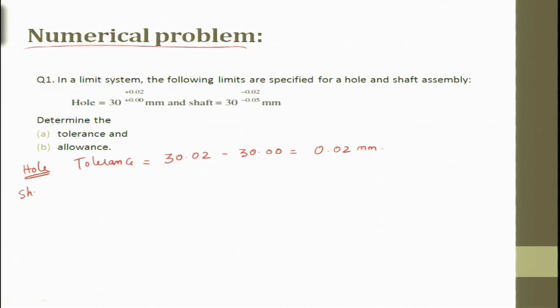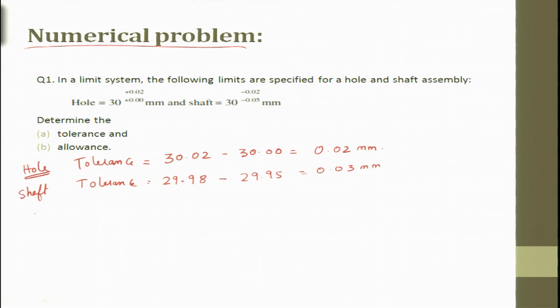Now for a shaft, the tolerance is 29.98 minus 29.95, so it is 0.03 millimeter.